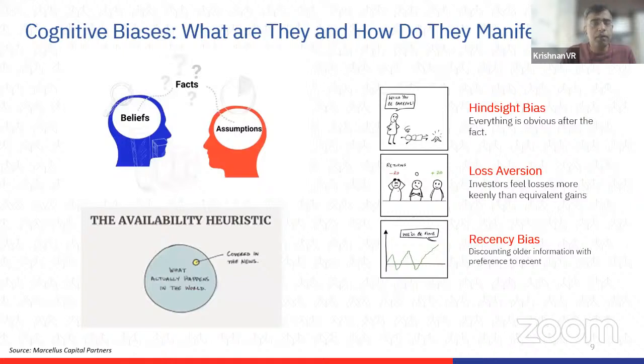And maybe just to touch upon this in a bit more detail. When you think about biases, biases are very specific to human behavior, because they relate to what we are used to or conditioned to. There are different ways you can describe these biases.